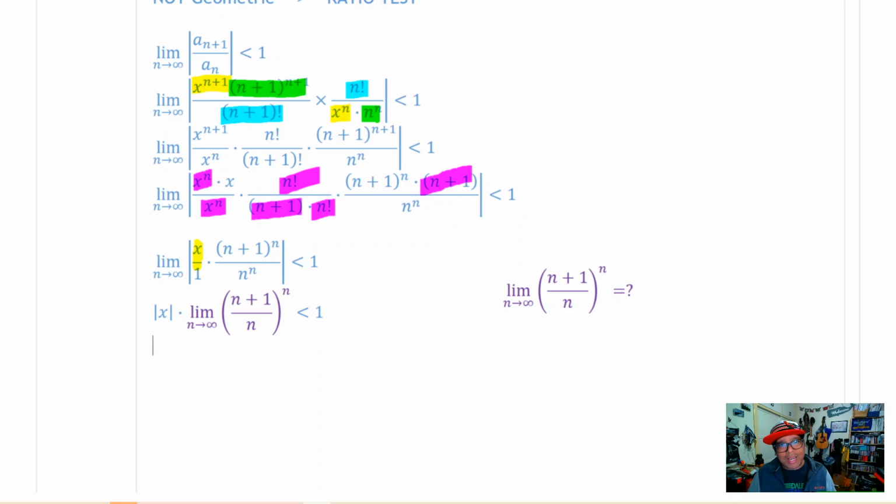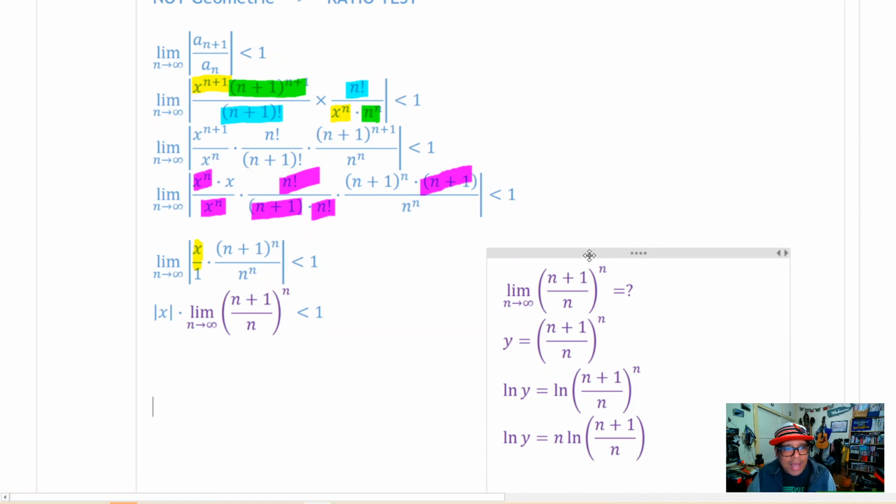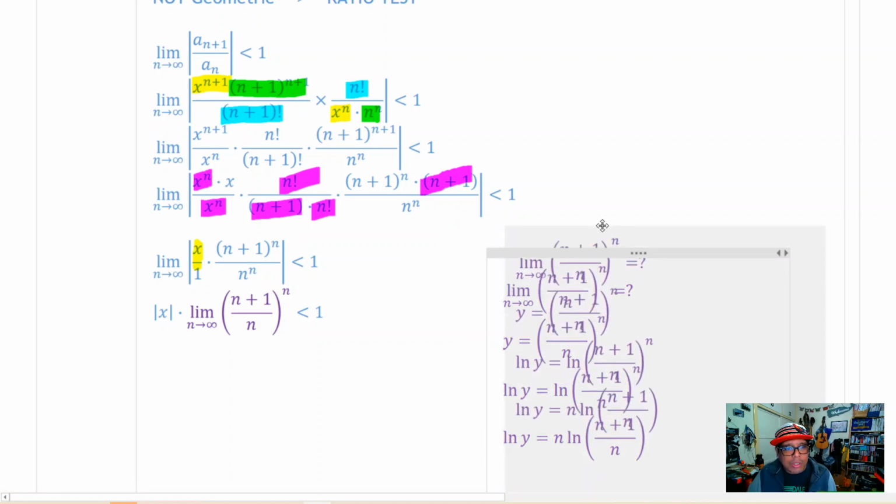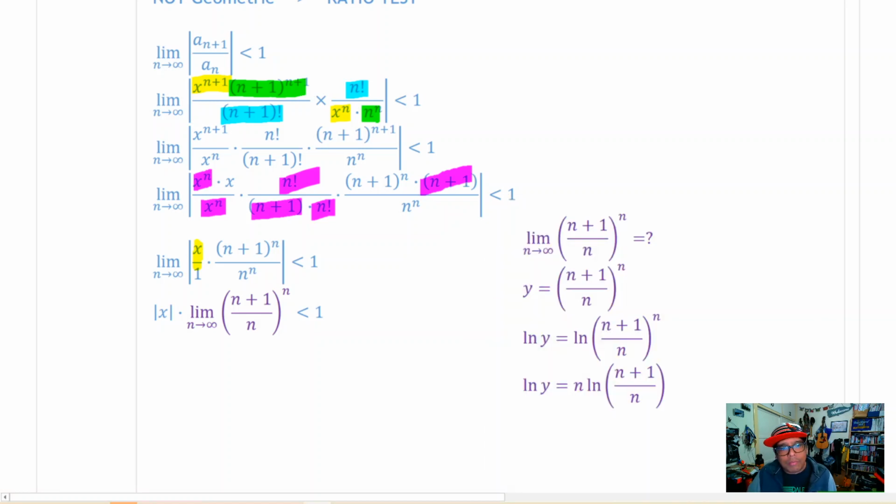So the correct way to deal with this, we'll make a function called y, and we'll set it equal to n plus 1 over n to the nth power. And then we'll take a natural log of both sides. The reason we're taking the natural log of both sides is so we can take that n out of the exponent and bring it in front of the natural log.